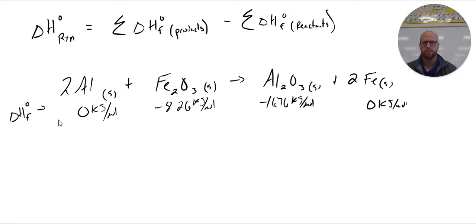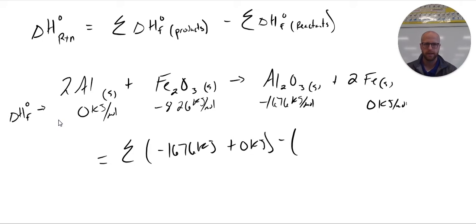All right, so now we just plug them into this formula. So it's equal to the summation of negative 1676 kilojoules. And I have 1 mole, so I'm going to multiply this by 1. So it's just kilojoules. Plus 2 times 0, so 0 kilojoules. Minus the summation of 2 times 0 again, so 0 kilojoules for aluminum, plus a negative 826 kilojoules.